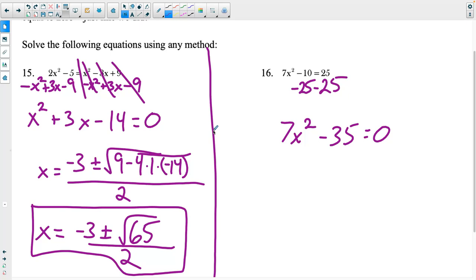It can be wrong. It doesn't have to be right. There's more than one way to do it.